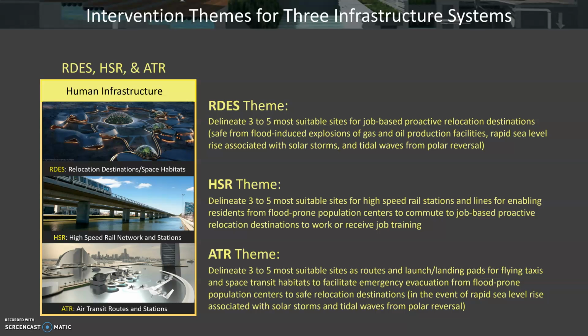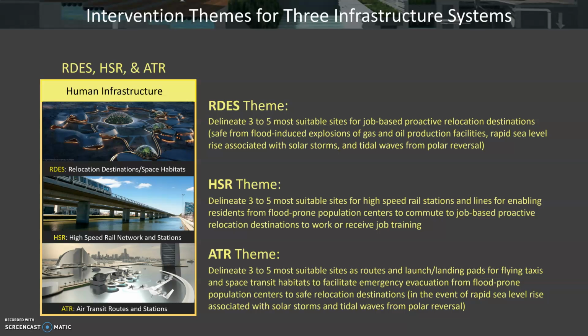And then there also is the aspect of providing jobs and job training, because jobs are the number one reason why people relocate. So if we can provide jobs in these locations, we're most likely going to facilitate proactive relocation more effectively.